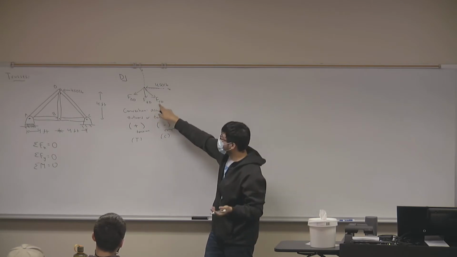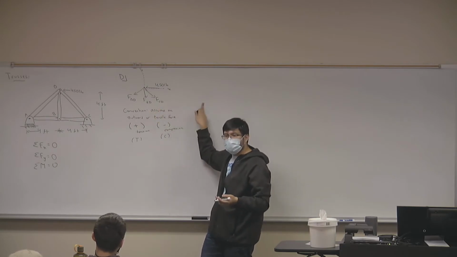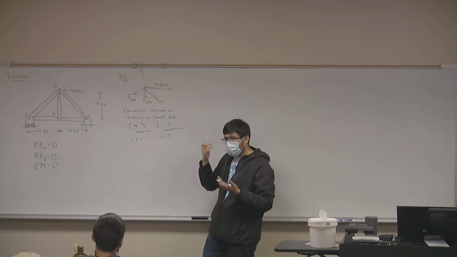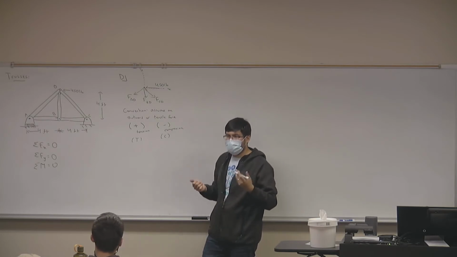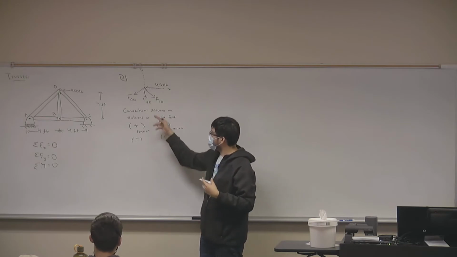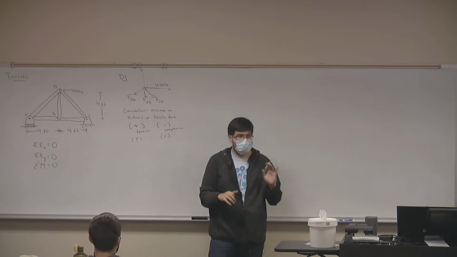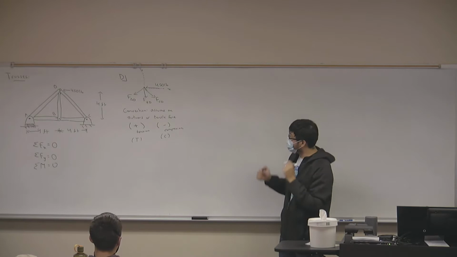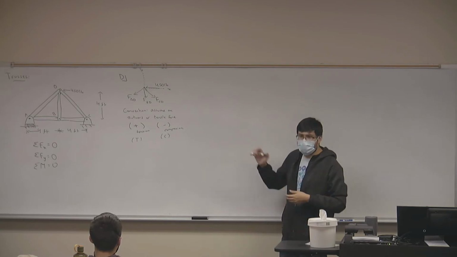Because sometimes I write C to D, then I write D to C, but I forget that they're actually the same value, right? Because tensions are two force members. So just my own personal convention is to write these in alphabetical order, but you don't have to follow that, okay?